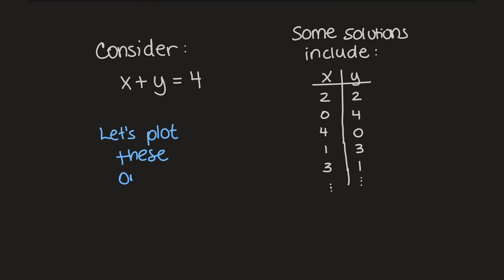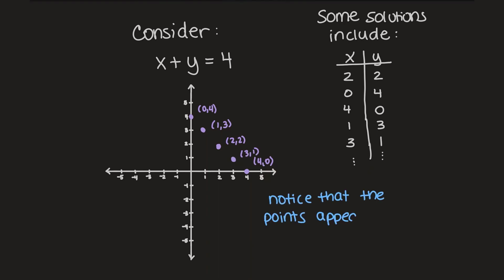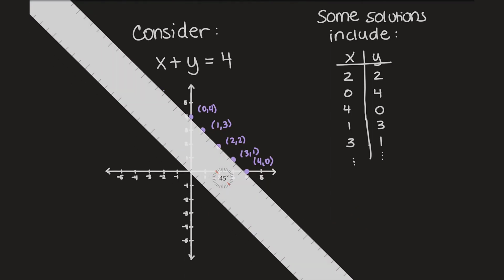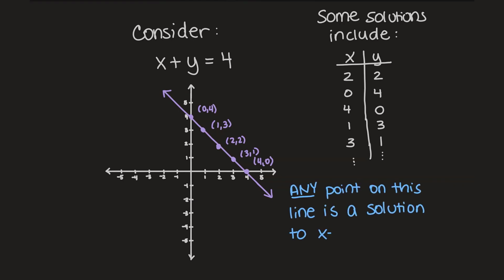So let's plot these ordered pairs. Now, notice that the points appear to lie on a line. Let's draw a line connecting these points with arrowheads at the ends. Therefore, any point on this line is a solution to x plus y equals 4.